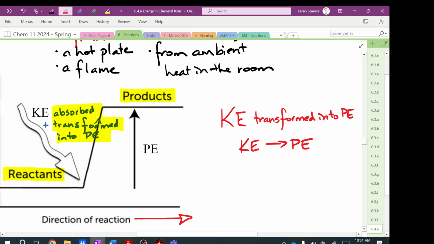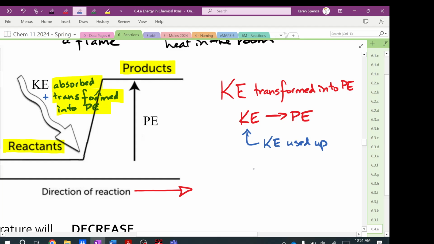Since our kinetic energy is being used up, our temperature is going to be lower. Remember, temperature is a measure of average kinetic energy.